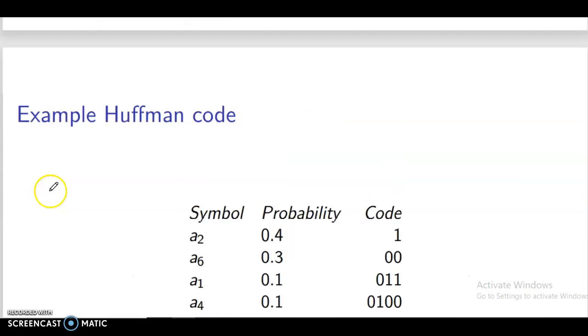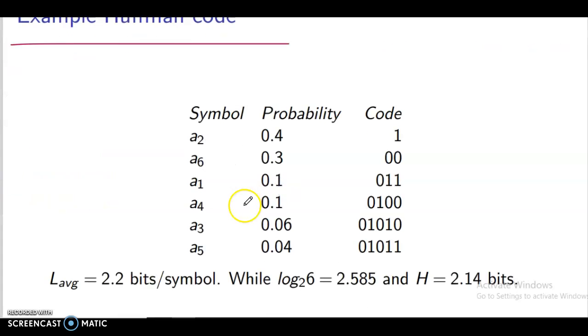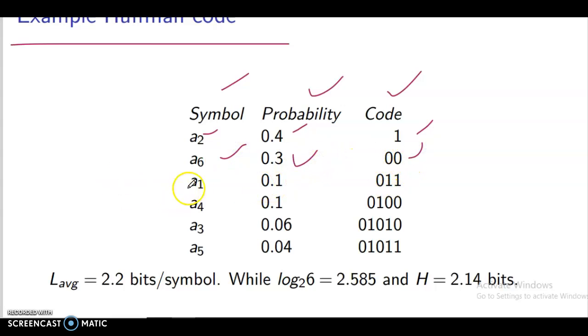Example, Huffman code. Symbol, probability, code. A2, probability 0.4, code 1. A6, probability 0.3, code 00. A1, probability 0.1, code 011. A4, probability 0.1, code 0100.